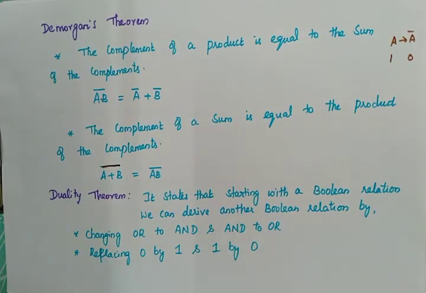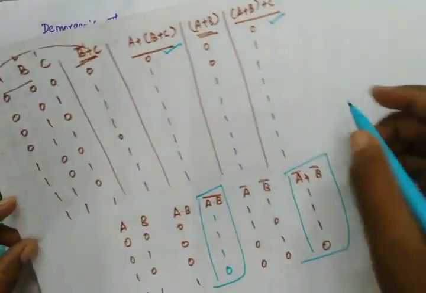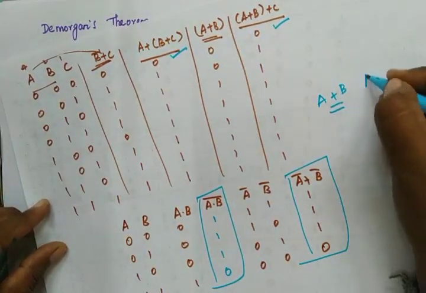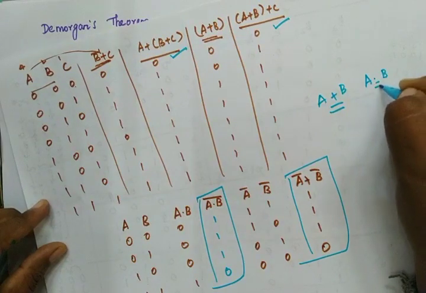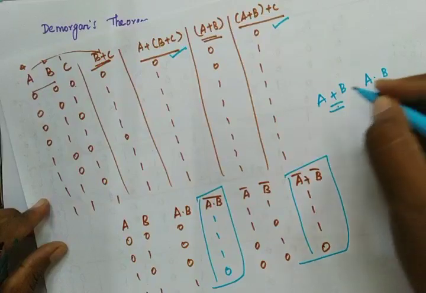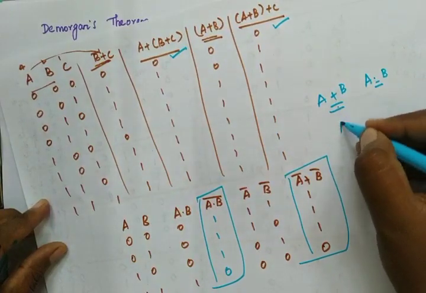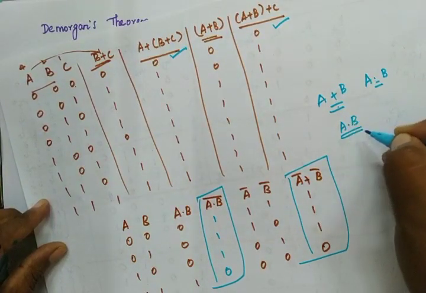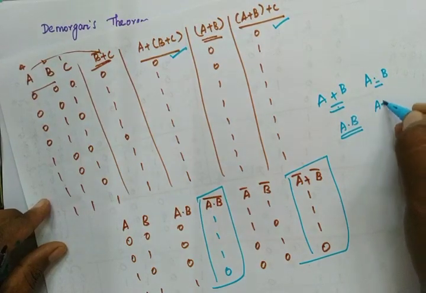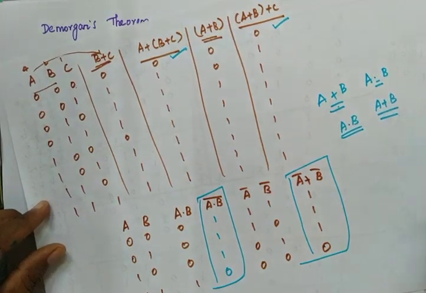So here we have sign, isn't it? This is A plus B. This represents plus sign. A dot B, this represents multiplication. So this is addition, this is multiplication. So if we change this A plus B as A dot B, this will become another expression. Likewise, if we change this A dot B as A plus B, this will become another expression.